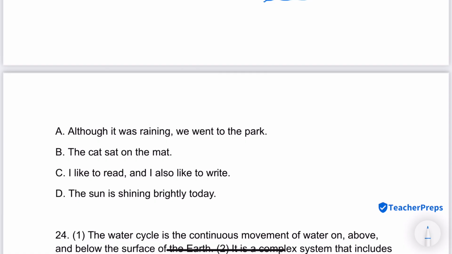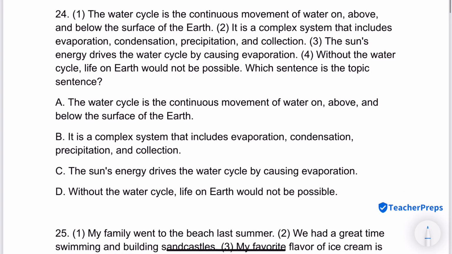And in option A, we went to the park is an independent clause, meaning it can stand on its own. Whereas although it was raining is a dependent clause, making this a good example of a complex sentence, and we are going to go with answer option A. Moving on to question number 24.